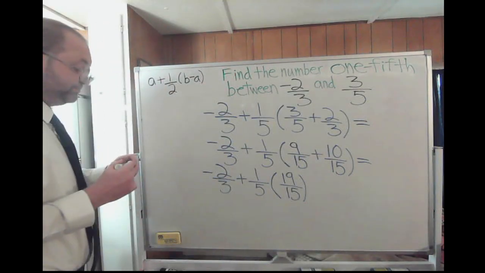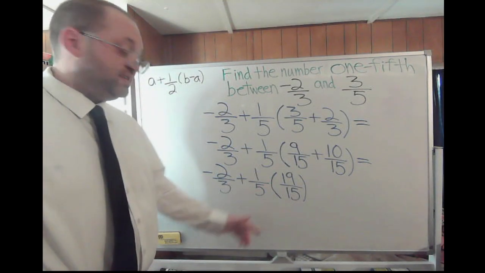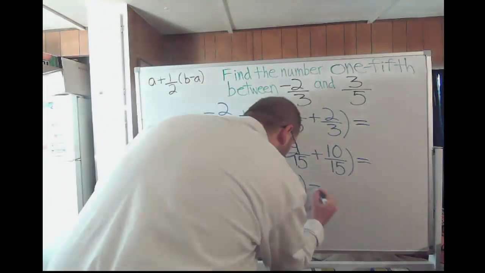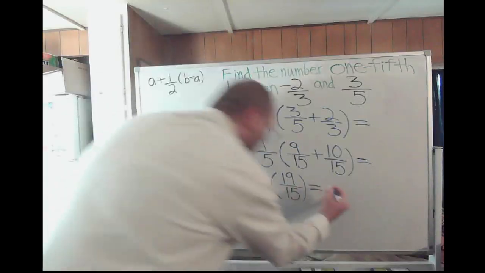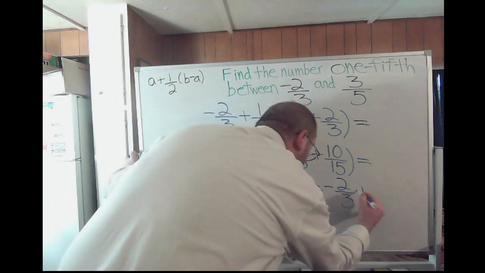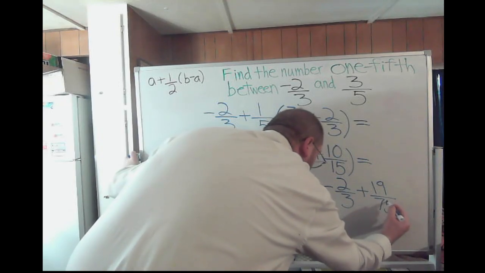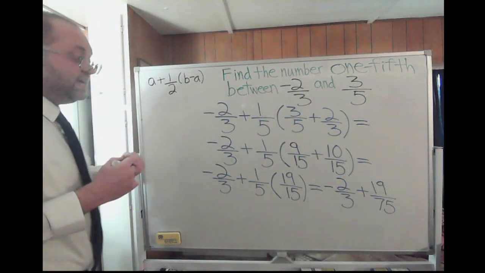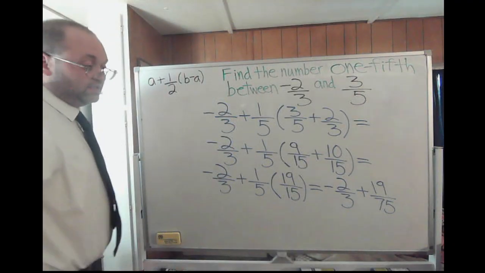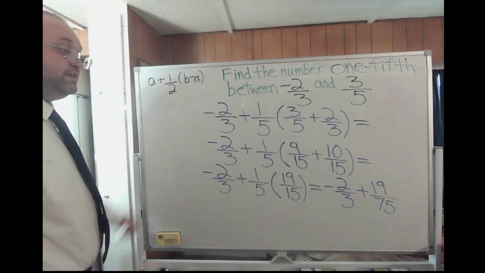Well, between the 1/5 and the 19/15, nothing cancels out, so we have to go straight for the multiplication. This will result now in negative 2/3 plus 19/75. So we're going to have negative 2/3 plus 19/75. And the least common denominator of 3 and 75 is going to be 75.